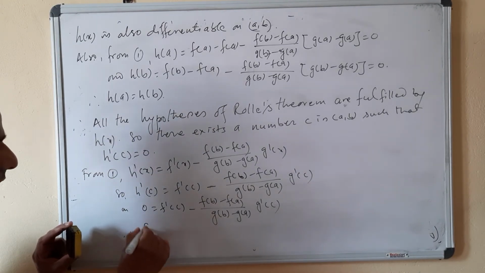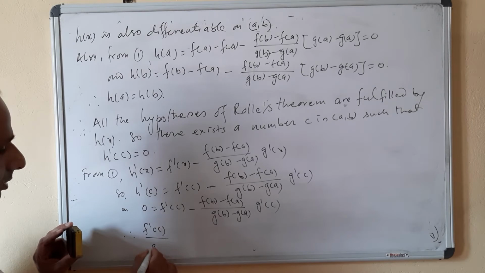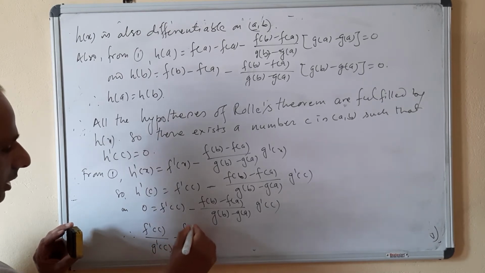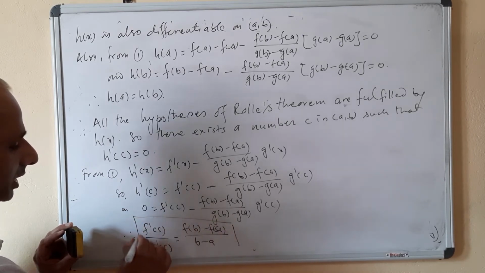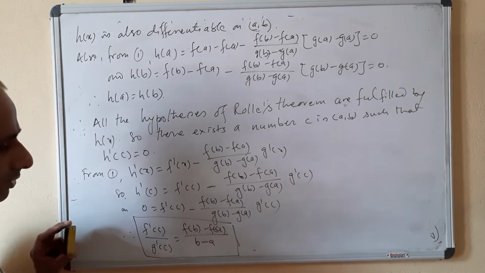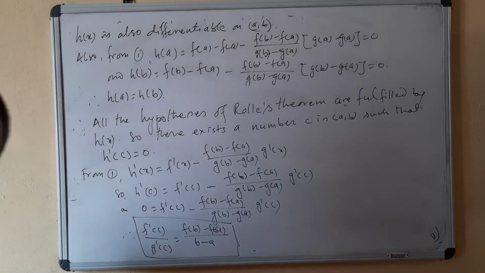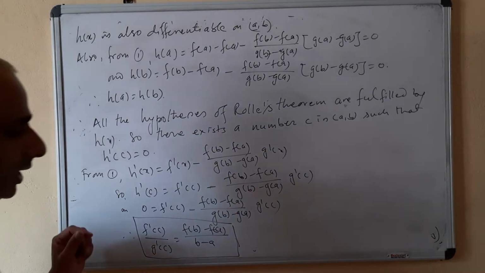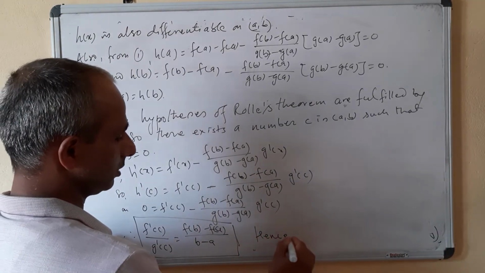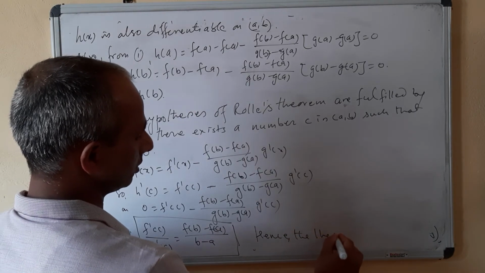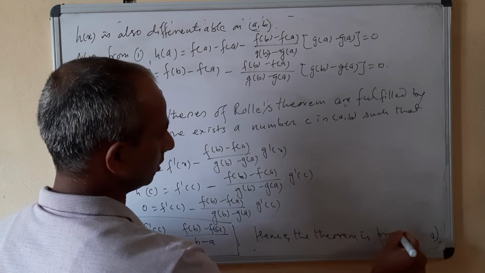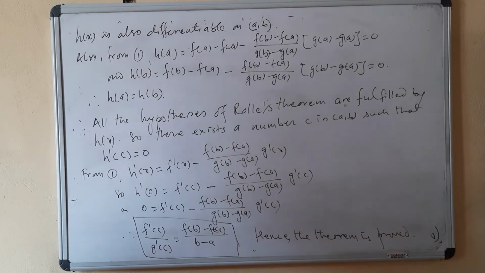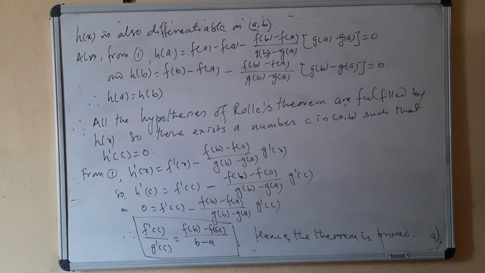We will get, therefore, f'(c) upon g'(c) equals (f(b) minus f(a)) divided by (g(b) minus g(a)), which is the required fact to be proved, and hence we have proved the theorem. We have found a number c.